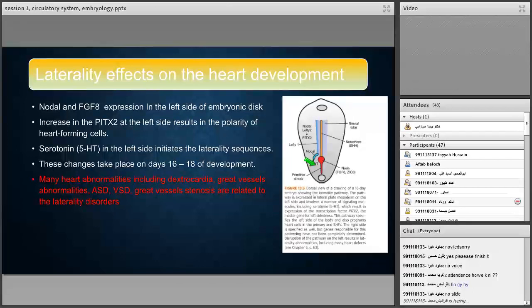Reversed sides, okay? In dextrocardia, just the heart is placed in the right side of the chest, but in situs inversus, all of the organs are also in the reversed position. Also, dextrocardia may occur with some laterality conditions which are called heterotaxy.